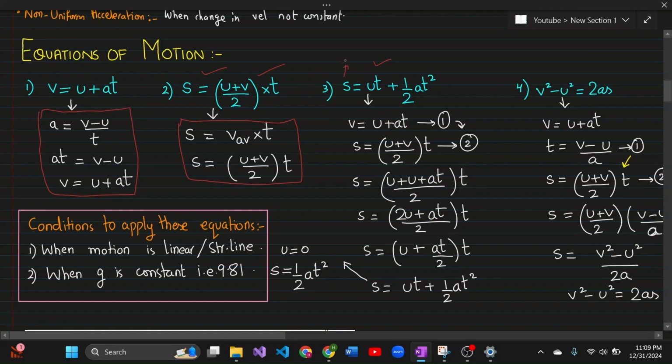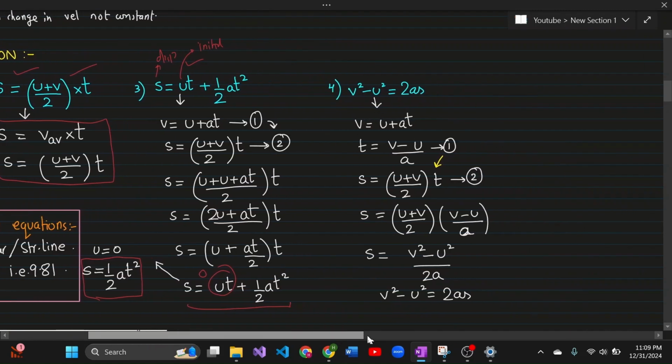Here s is distance, displacement, u is your initial velocity, a is acceleration, t is time. And if u is 0, like your object was at rest, then you use s is equal to half at square, because the ut term becomes 0.